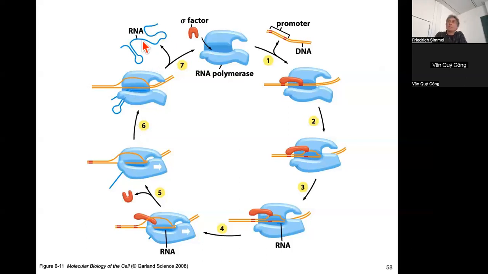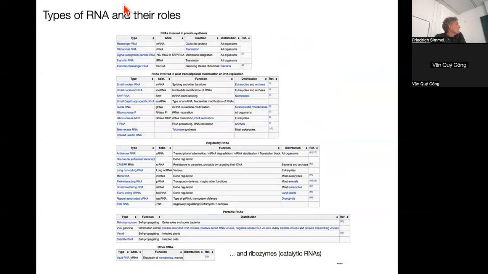But now it has become clear that RNA plays an extremely important role. And there are many, many different types of RNAs with all kinds of abbreviations, like snRNAs, snoRNAs, long non-coding RNA, microRNA, piRNA, and so on. And they mainly play a regulatory role. They somehow modulate gene expression processes, at least in eukaryotic systems.